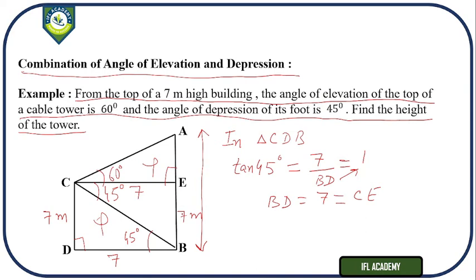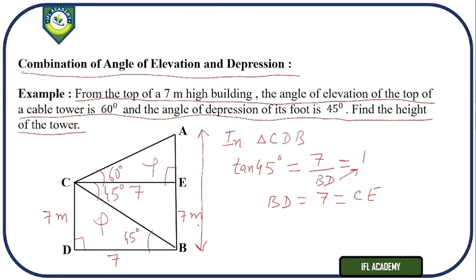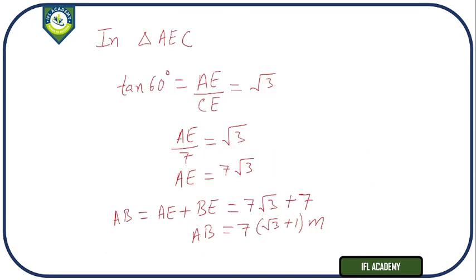This one BE is 7. Take 7 common. 7 into in bracket √3 plus 1 meter. This is AB, and AB is the height of the tower. So height of the tower is 7(√3 + 1) meter.